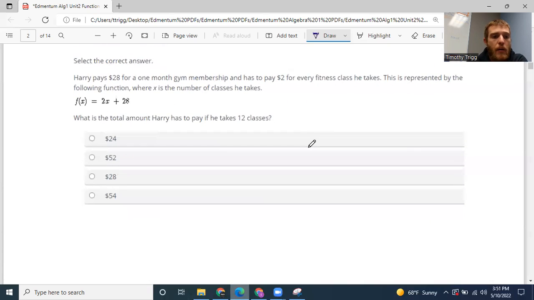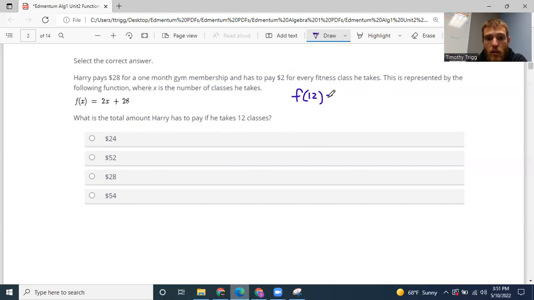All right. Harry pays $28 for a 1-month gym membership and has to pay $2 for every fitness class he takes. This is represented by the following function, where X is the number of classes he takes. What is the total amount Harry has to pay if he takes 12 classes? So essentially we're finding f of 12.